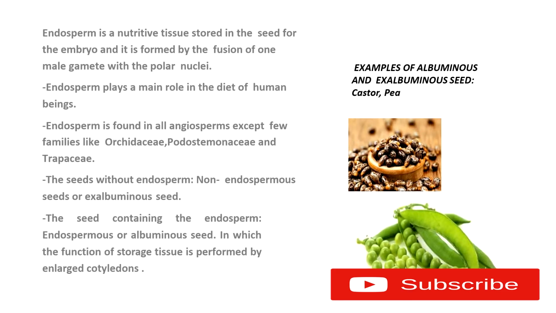You can see on the right side some examples of exalbuminous seeds, such as castor and our common pea. In all these plants, the function of the endosperm is carried out by enlarged cotyledons.